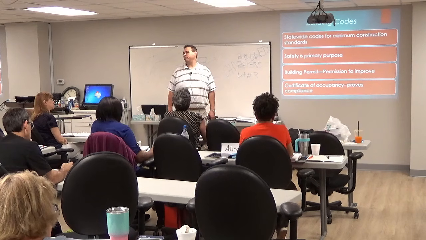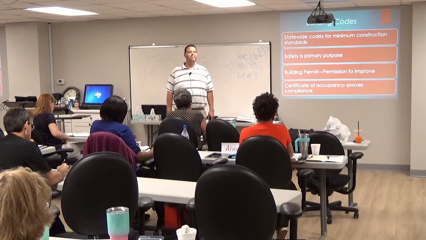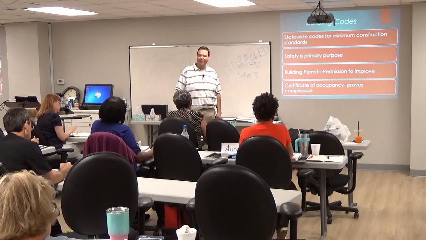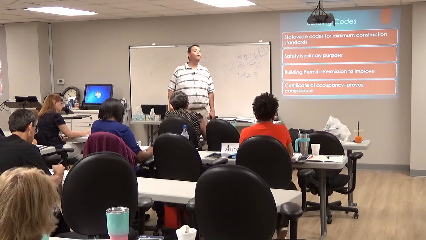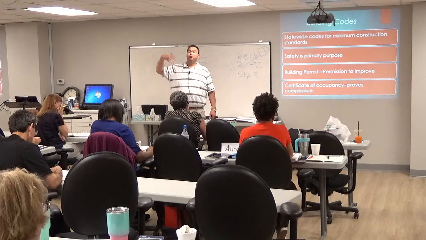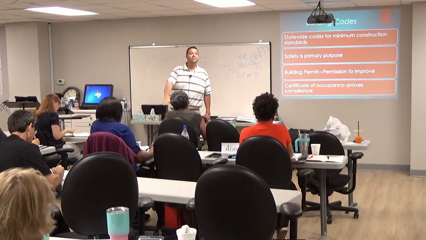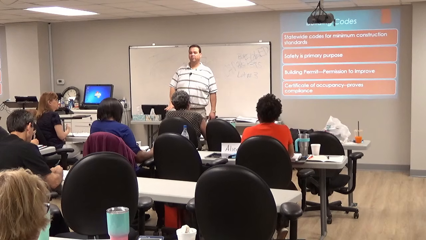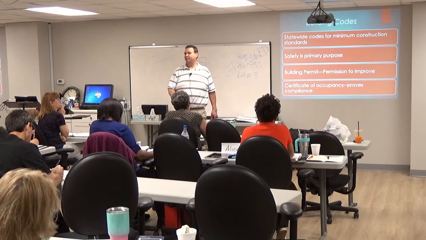Do building codes give you the best construction practices? No, they give you the worst acceptable construction practices. Can you always exceed the building code? Yes, there's always better than the building code. Building codes don't tell you what the best practices are, they tell you what the least acceptable practices are. How far can you go down and still be okay? That's what building codes tell you. Is everybody all right with that?